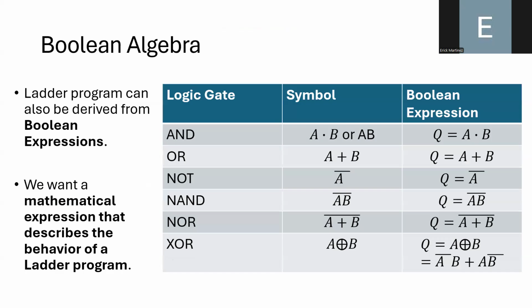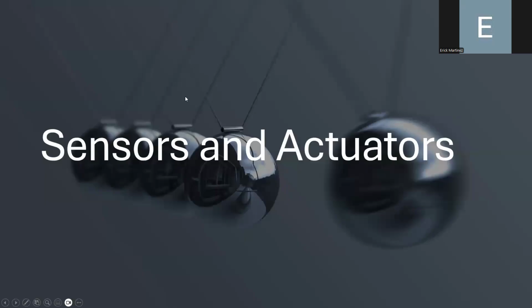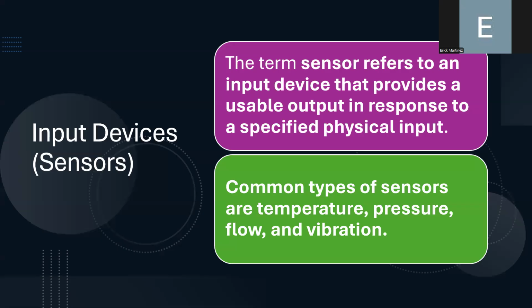Regarding the sensors and actuators, we have the following points. The sensor basically refers to a device that responds to a physical stimulus, and based on that physical stimulus, it produces an electrical signal. For example, we have temperature, pressure, flow, and vibration sensors.